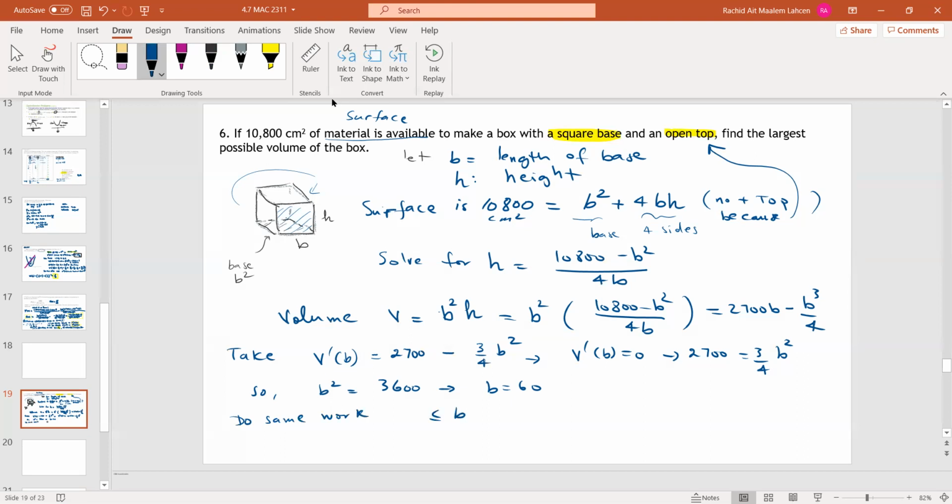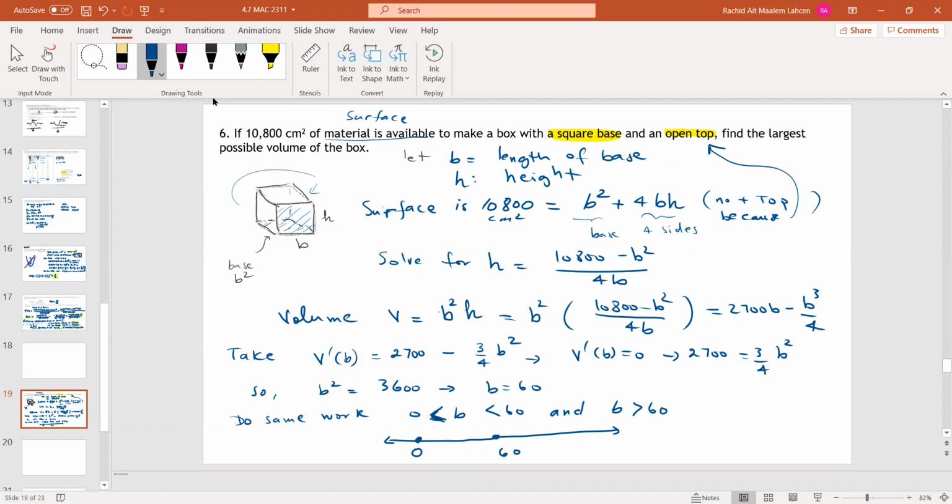B is going to be between 0 and 60, and B greater than 60. Of course, the base cannot be below 0, so that's why we stop at this 0 here, and we investigate.